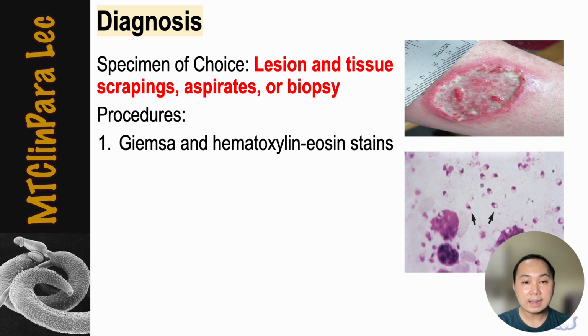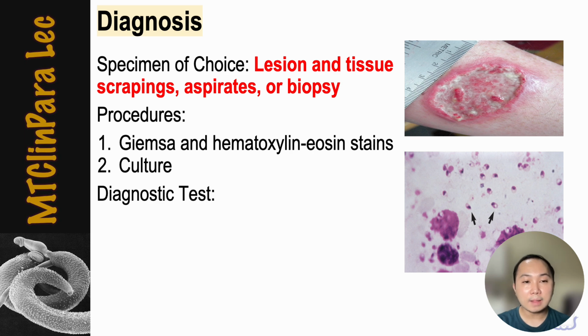This is to highlight the different nuclear details of our parasite, especially the amastigote. We can also use culture to increase the viability of our parasites, and also use diagnostic testing. This is mostly helpful for our non-cutaneous leishmaniasis, or what we call visceral leishmaniasis, which does not manifest cutaneously.